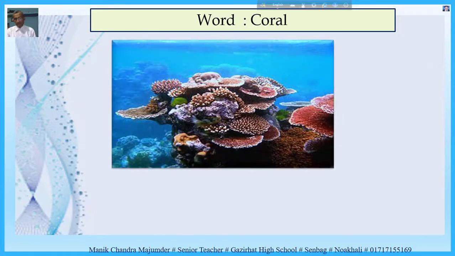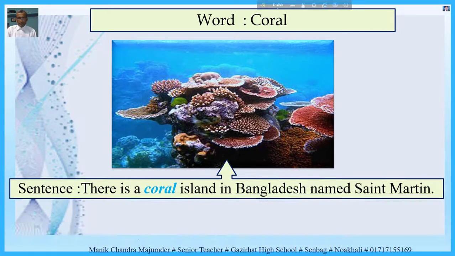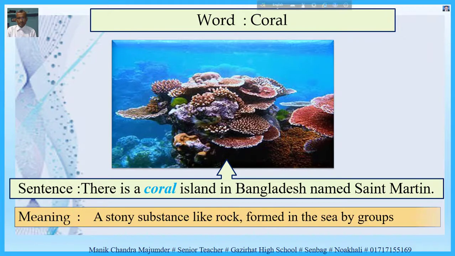Coral. Can you guess? Now see the sentence. There is a coral island in Bangladesh named Saint Martin, meaning a stony substance like rock formed in the sea by groups.